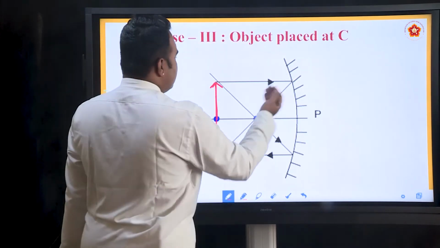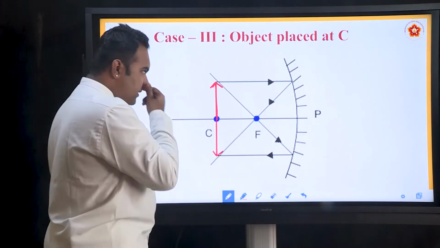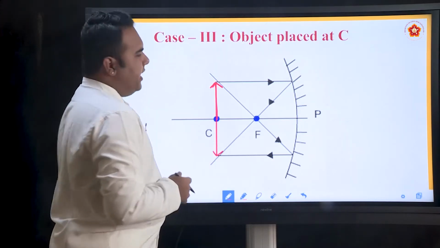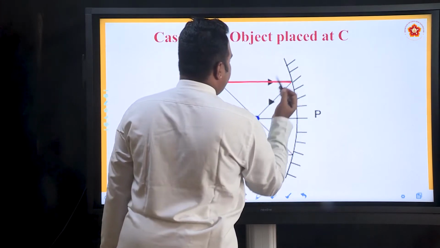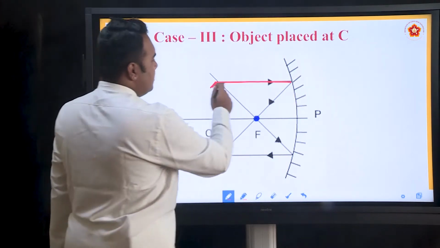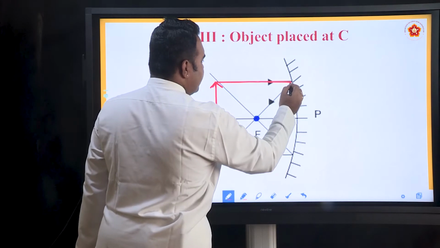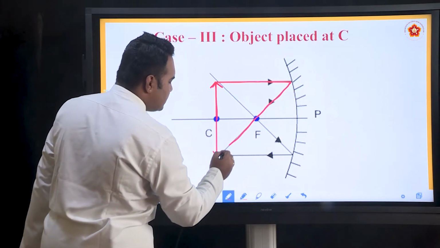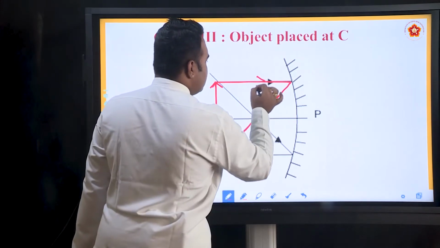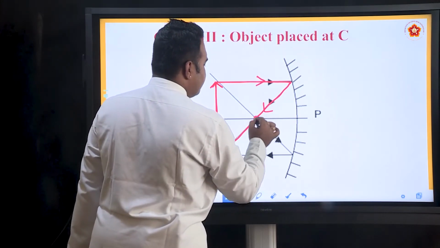Now, out of the infinite rays of light that are coming from the object, again we choose 2 rays of light. So, always the ray of light parallel to the principal axis, it is easier because always this ray of light reflects and passes through the focus.